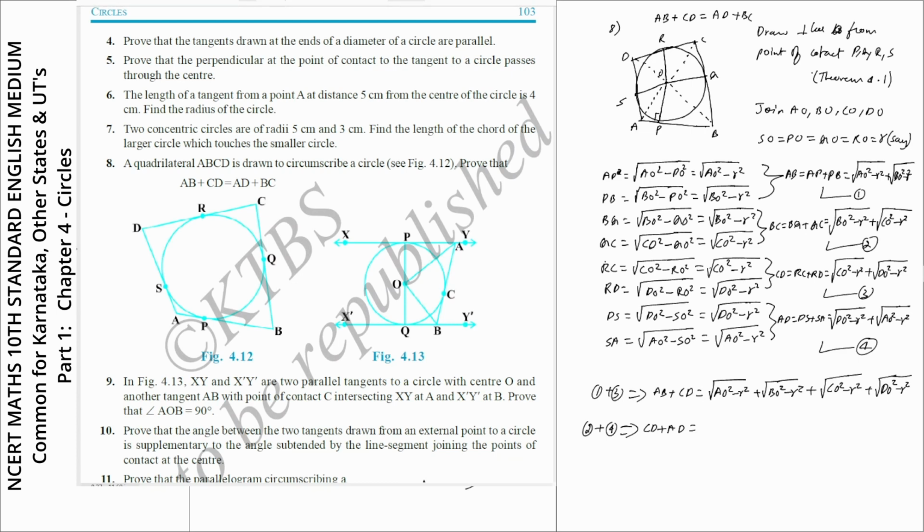BC plus AD is equal to square root of BO square minus R square plus CO square minus R square, plus AD is DO square minus R square plus AO square minus R square. So this equation I'll mark 5 and this I'll mark as 6.